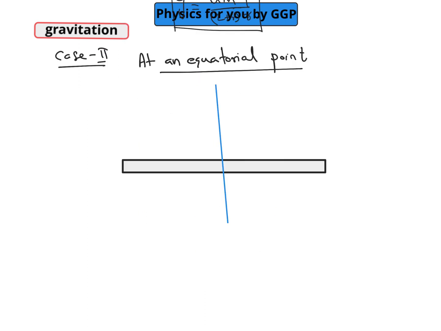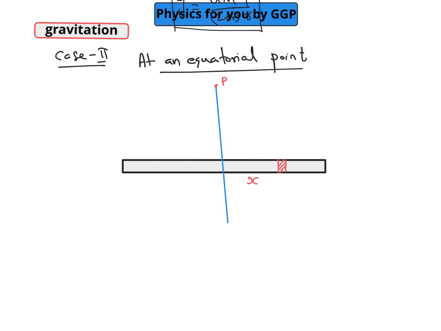Now in the next part, we'll discuss how to find the value of gravitational field due to a uniform rod at an equatorial point. Our aim is to find the value of gravitational field at point P on the equatorial line. Same as in the previous case, we'll consider a small element over here.